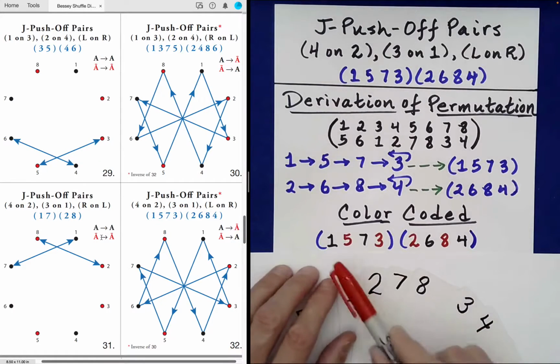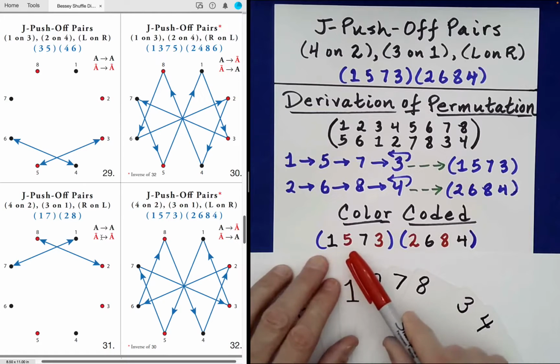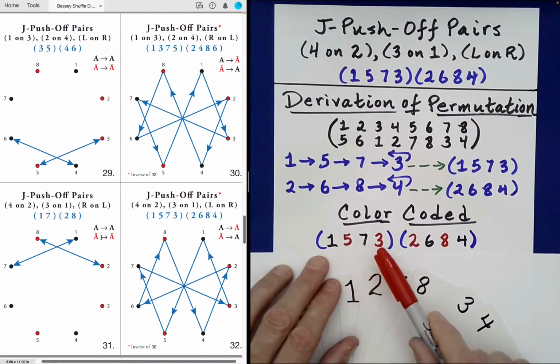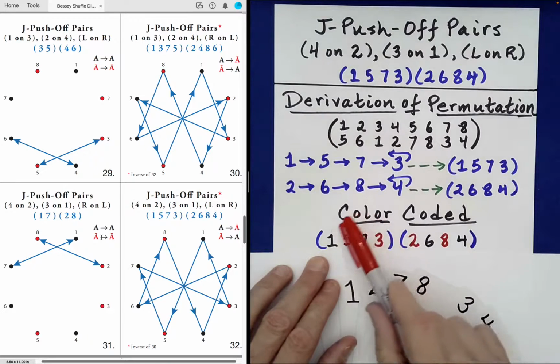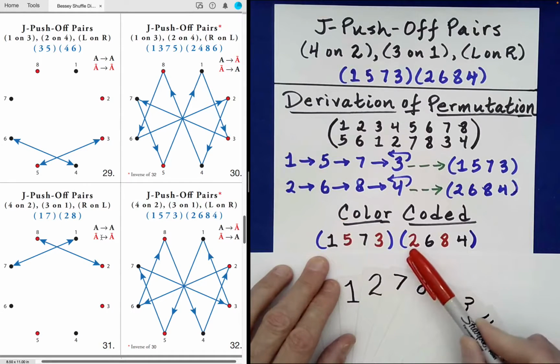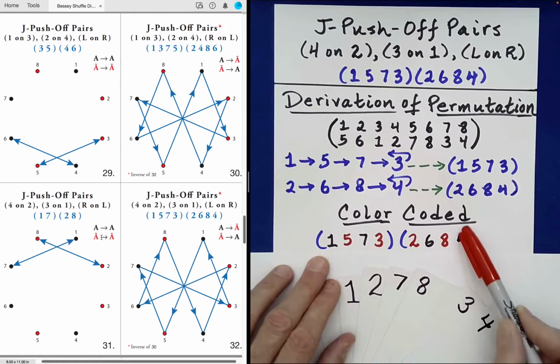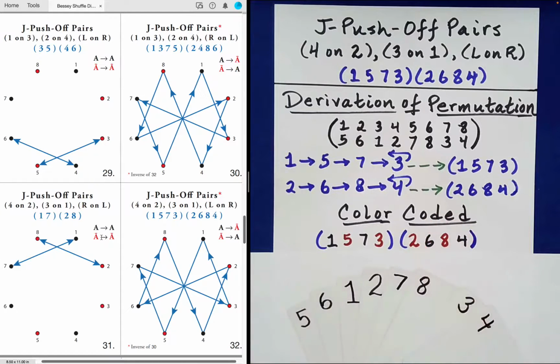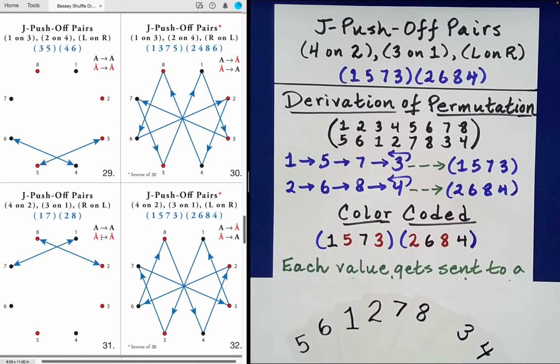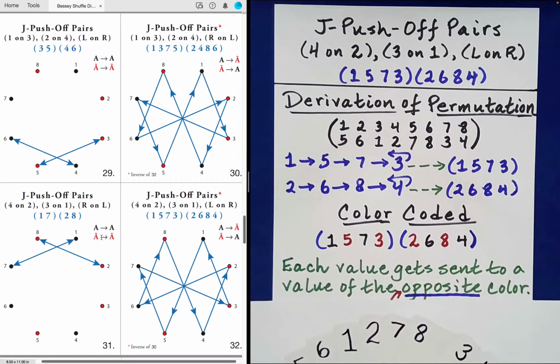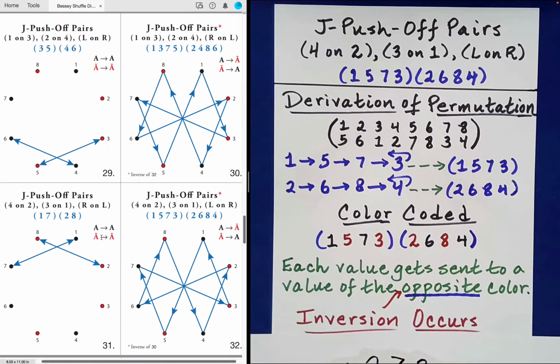So we see that black 1 goes to red 5, which goes to black 7, which goes to red 3, which wraps around and goes to black 1. Red 2 goes to black 6, which goes to red 8, which goes to black 4, which gets sent back to red 2. So each value gets sent to a value of the opposite color. And when that happens, inversion has occurred.